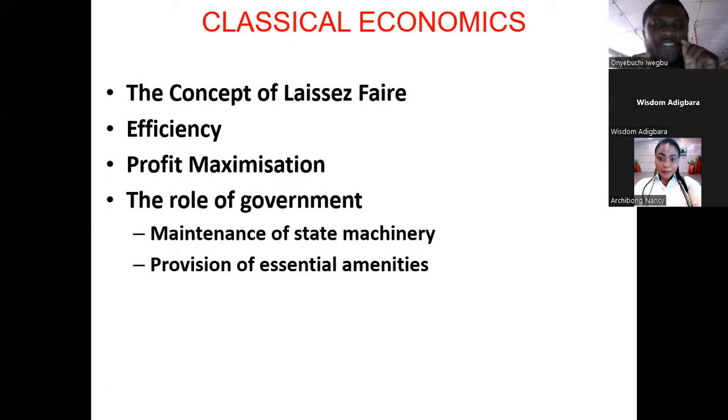Remember, there's always an interaction between consumers and firm. Consumers will come as laborers. They will come to work, and the firm must give them income. Consumers will also buy goods from the firm, and then the firm must supply and consumers must pay. Whenever there is that exchange, a contract has taken place.